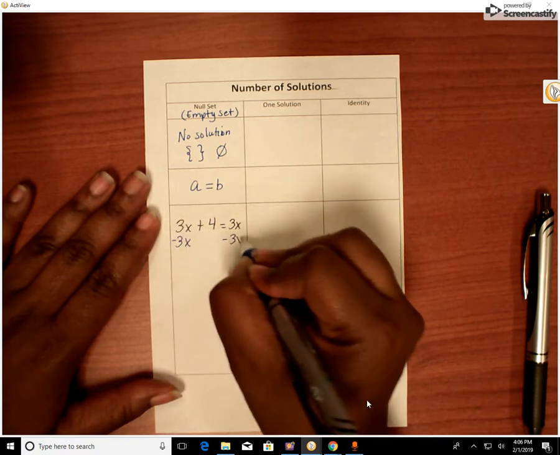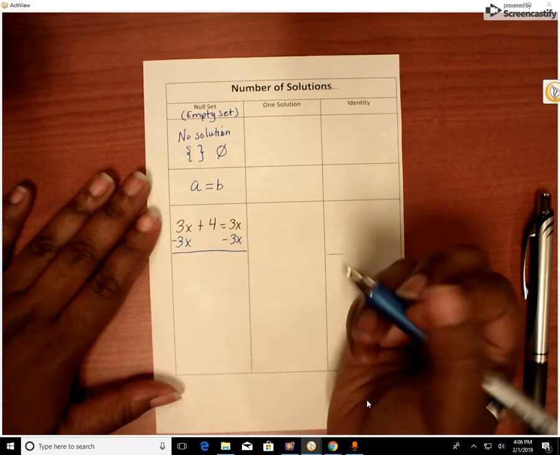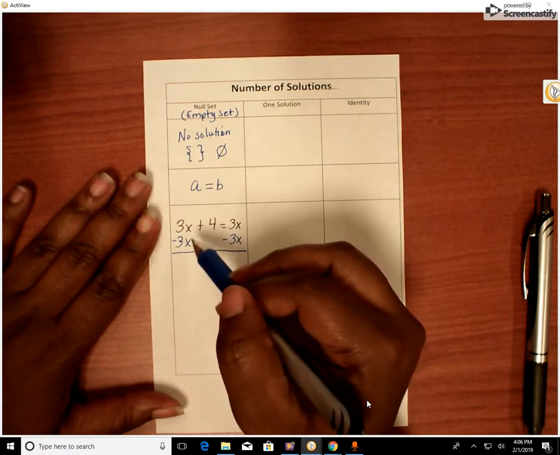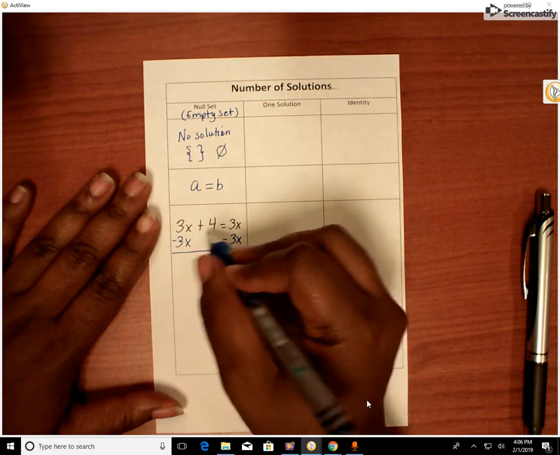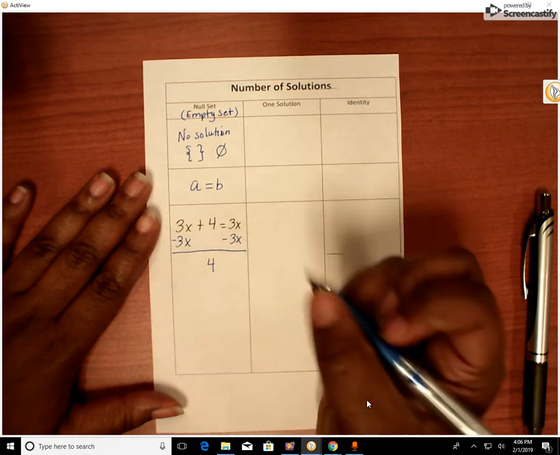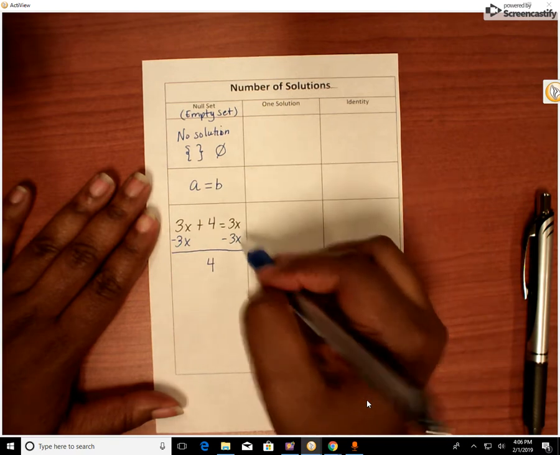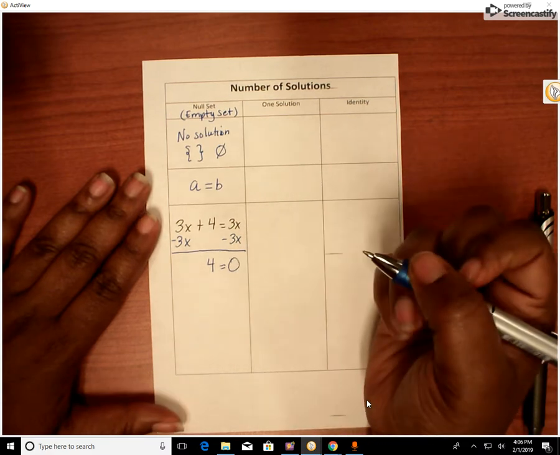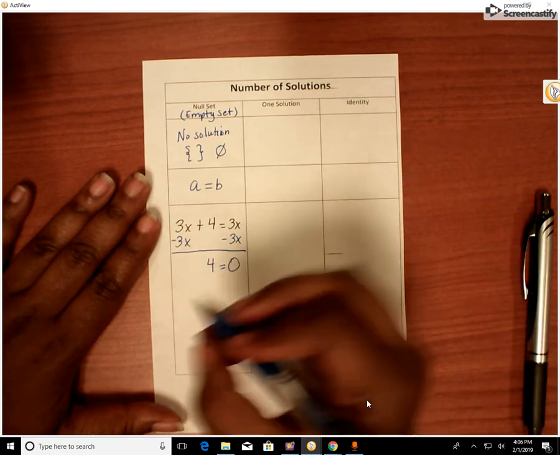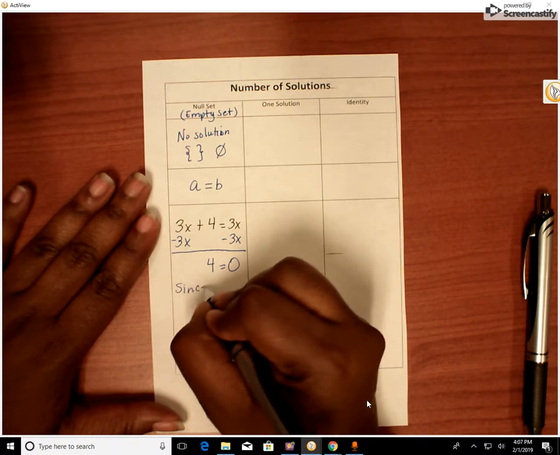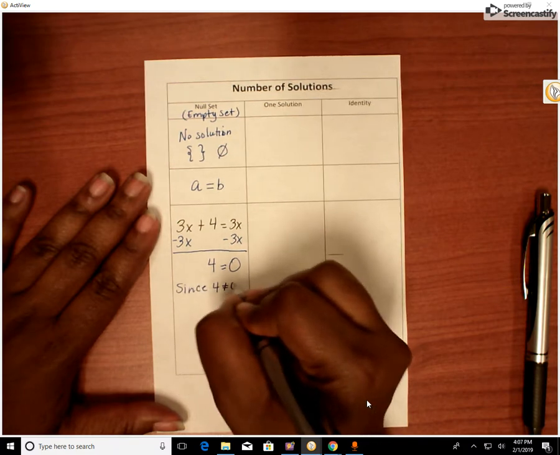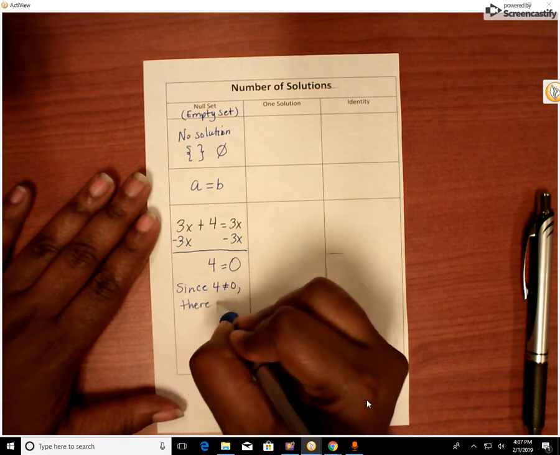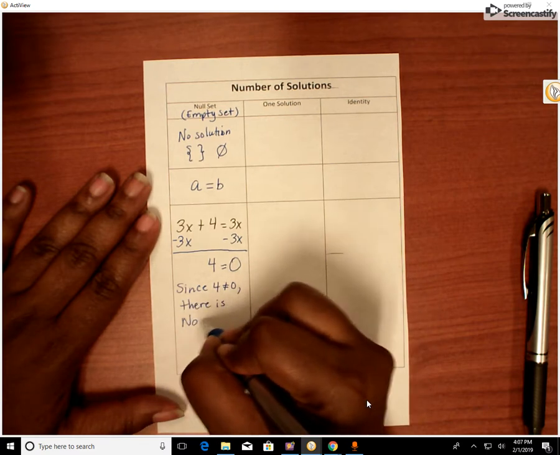We're going to subtract 3x on both sides. 3x minus 3x is 0, and 0 plus 4 is 4, so they cancel out. 0 is not equal to 4. And since 0 is not equal to 4, there is no solution.